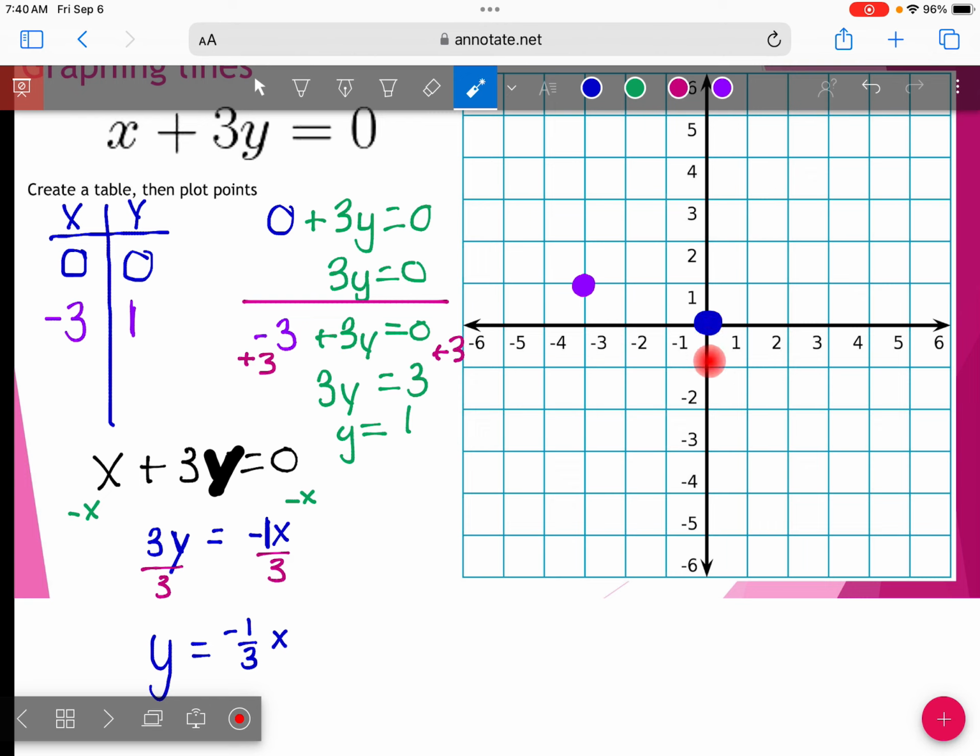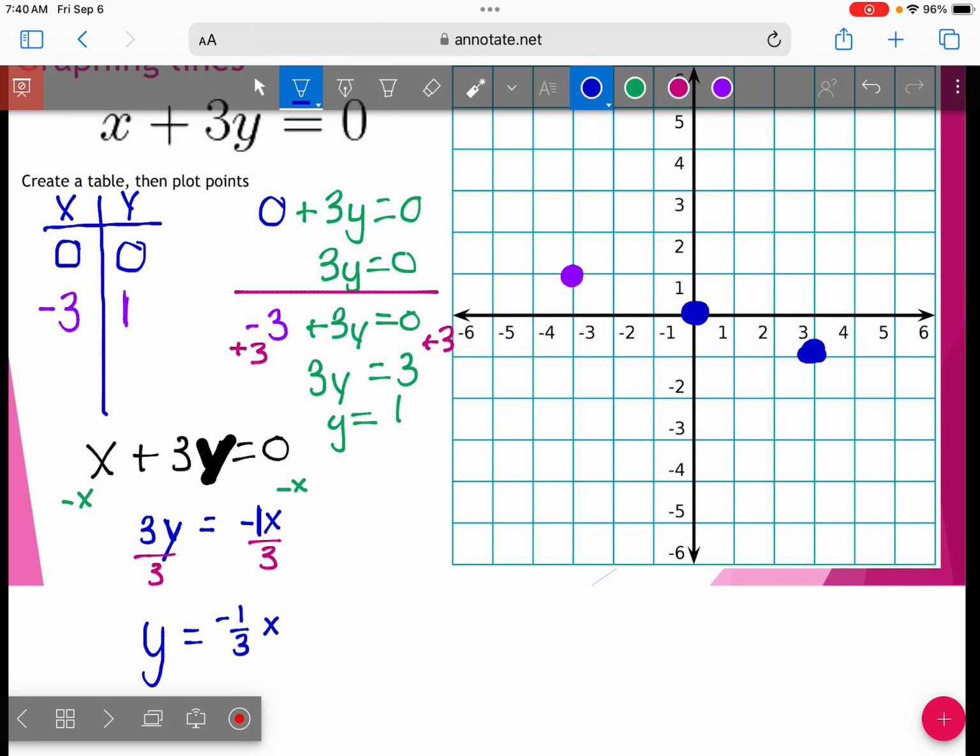Down 1, right 3. Absolutely valid. Let me get the chunkier marker. So down 1, right 3. I can do that again. Down 1, right 3. We could also go up 1, left 3. As long as I do at least one negative, I could go up 1 and left 3. That's still on that line.